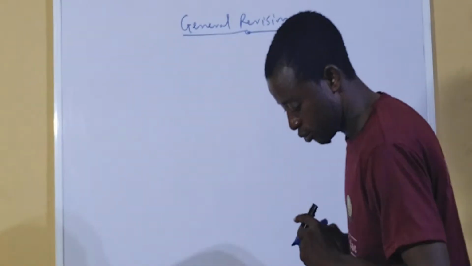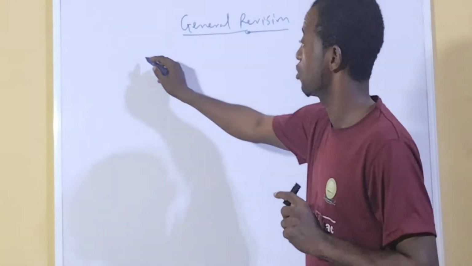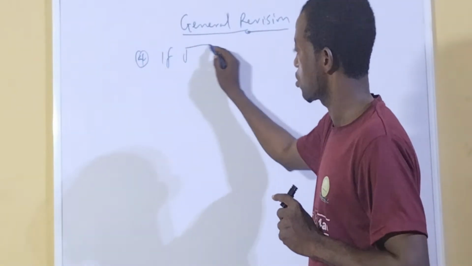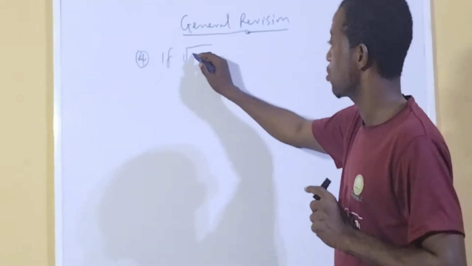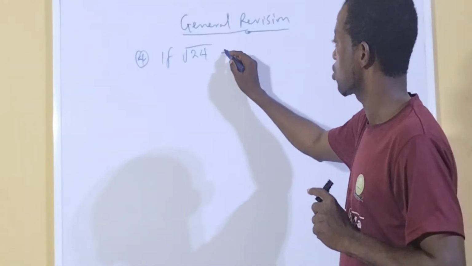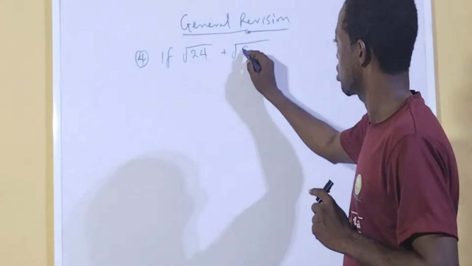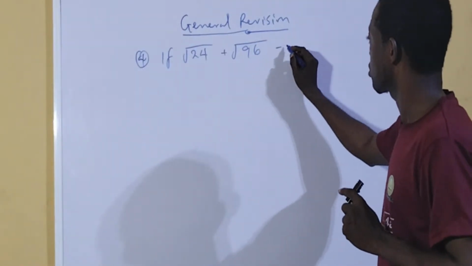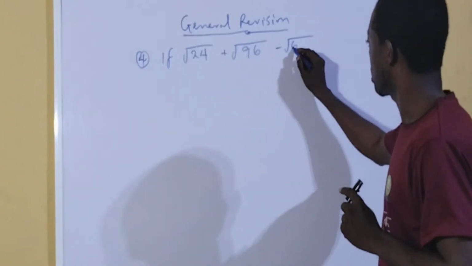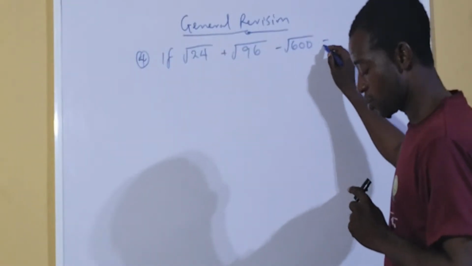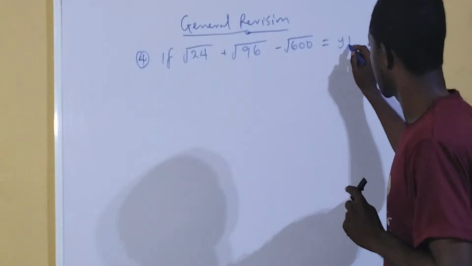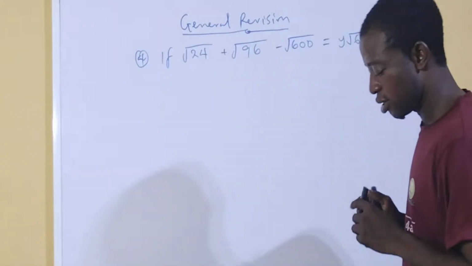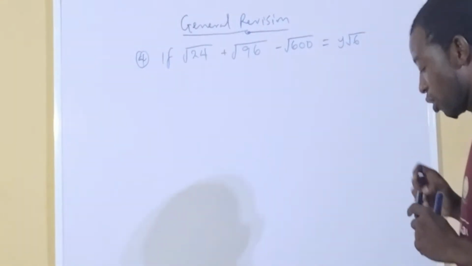We have, if root 24 plus root 96 minus root 600 is equals to y root 6, you have to find the value of y.